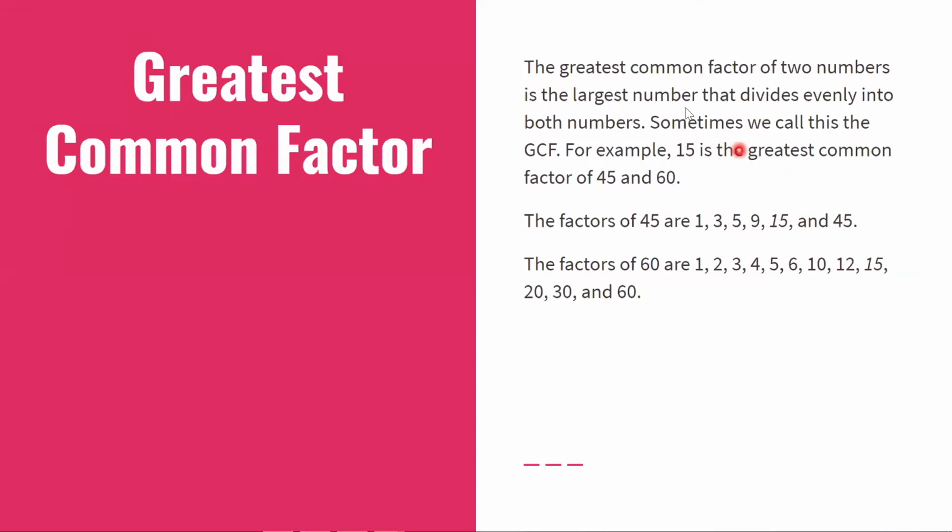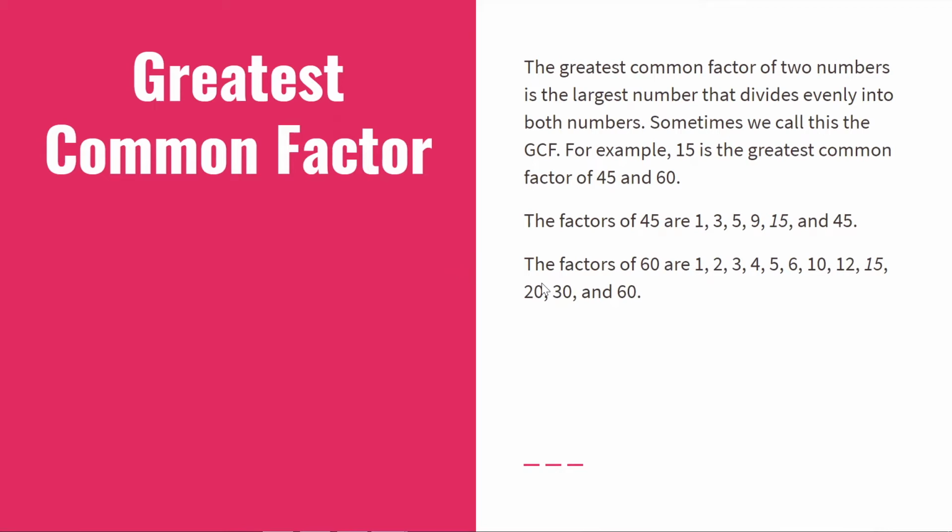Now, as I've said, there are so many different ways to find the greatest common factor. You could do this right here where you put each number side by side and list the factors and then see which one is biggest. But what I found is a lot of times people are really good with their facts 1 through 12, but it's in the 15s and the 20s that people forget about.